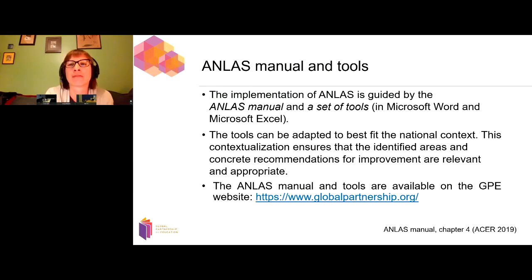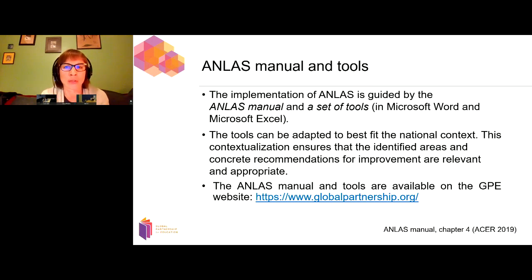The implementation of ANLAS is guided by the ANLAS manual and a set of tools that are provided as Microsoft Word documents and Microsoft Excel documents. These tools can be adapted to best fit the national context. This is important because it ensures that the identified areas and the concrete recommendations for improvement are relevant and appropriate.